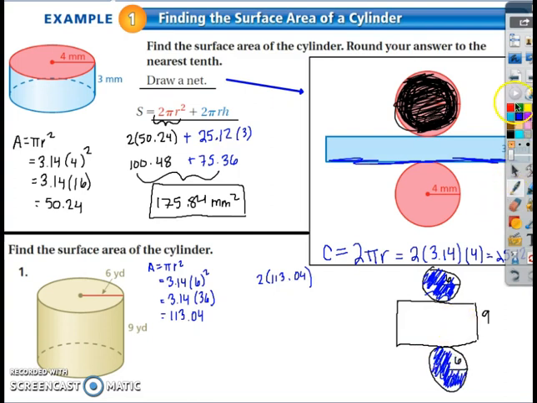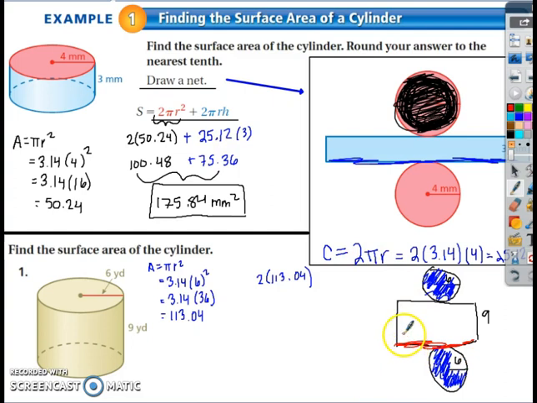All that's left now is the area of the rectangle for that lateral surface. The area of the rectangle is length times width. I know the width, but I don't know the length. The length of my rectangle, however, can be found by looking at the outside of this circle. And remember, again, it's because this length wraps perfectly around this rectangle when we fold our cylinder back up.